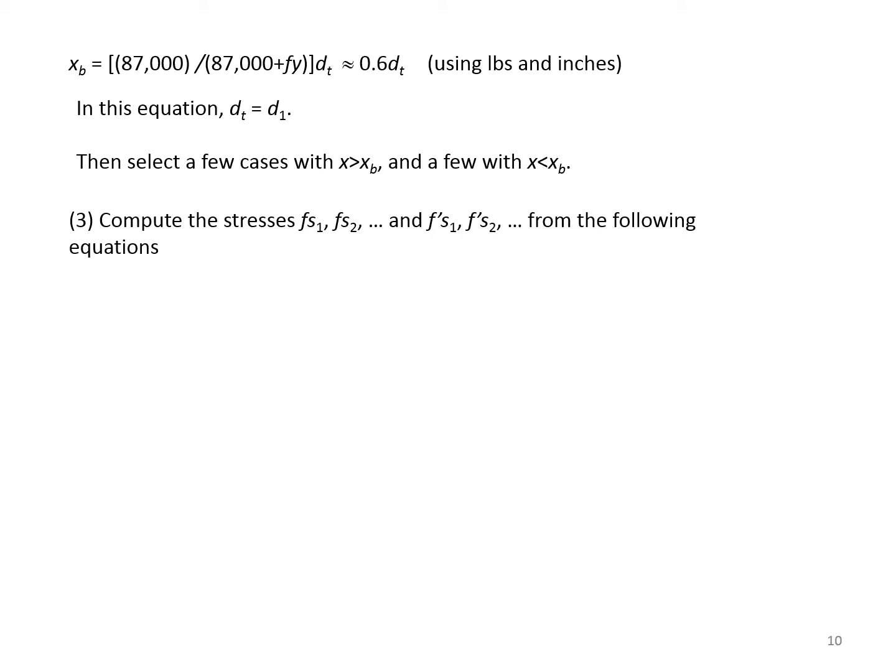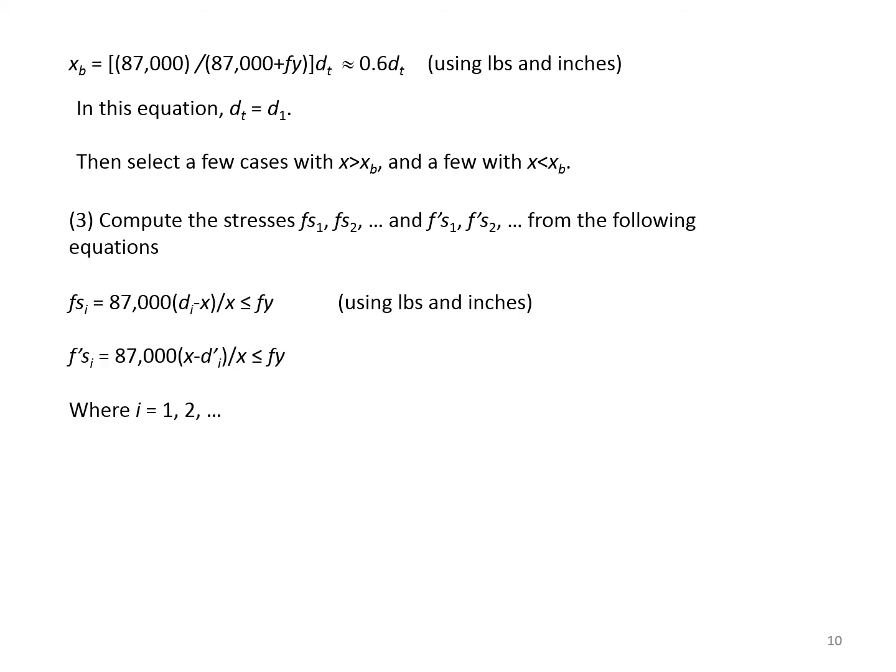Step 3. Compute the stresses Fs1, Fs2, etc. and F's1, F'S2, etc. from the following equations. These equations are given in generic form. They are designated by the subscript i. Fsi is equal to 87,000 times di minus x divided by x, and the absolute value of this quantity cannot exceed Fy.